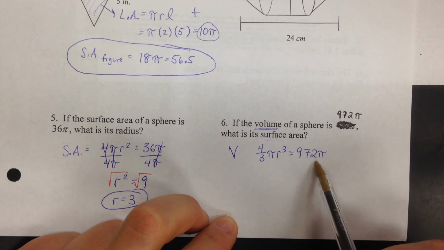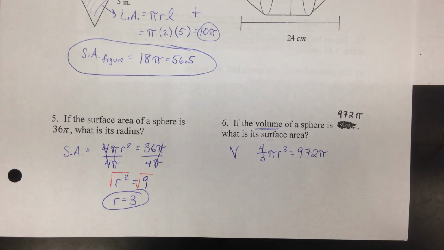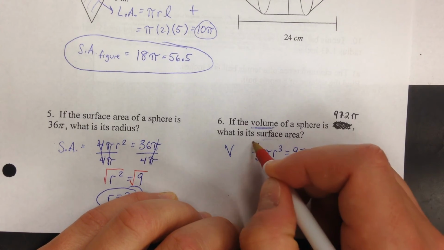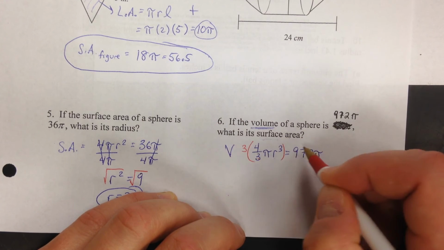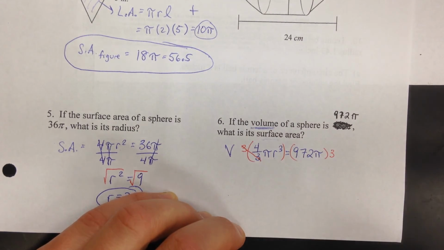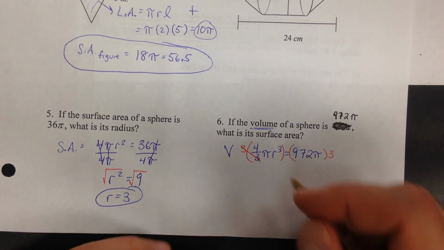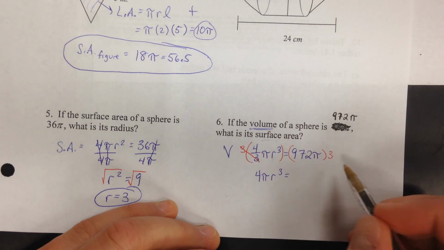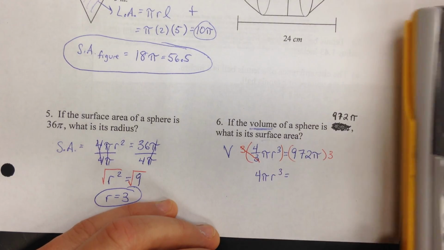So we're actually going to solve this equation. Now what I'm going to do, that 3 in the bottom there, it's 4 divided by 3. I'm going to multiply both sides by 3 to cancel that out. And what that gives us is 4 pi r to the third equals 3 times 972.